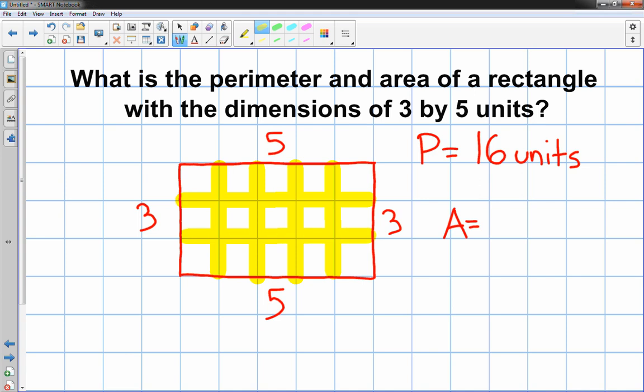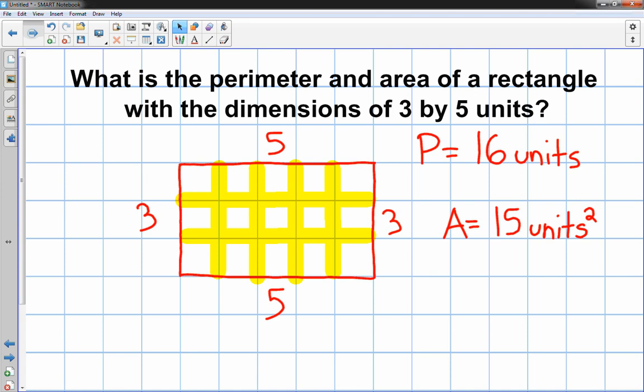It's really a multiplication problem. It's really 3 times 5. 3 times 5, that's 15. 15 what? 15 little square units. And we use the little 2 to represent squared, because it's 2 dimensions. So it's 15 units squared, or 15 square units.